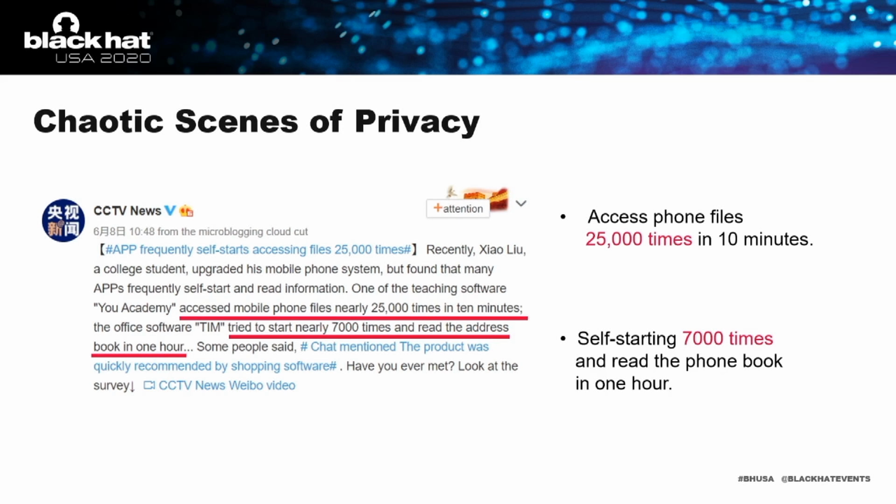Some well-known apps start frequently in a short period, then access user files and read the phonebook. Obviously, this is terrible. As you can see, these privacy violations, like reading the phonebook, are all based on installed apps. So, will it get worse?